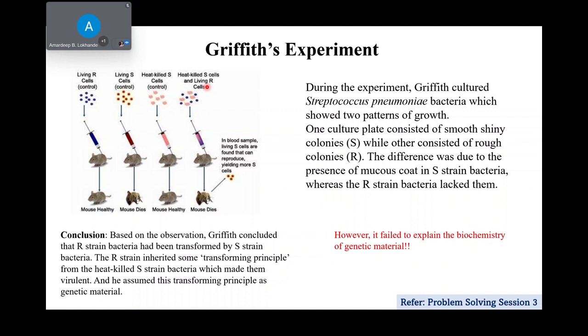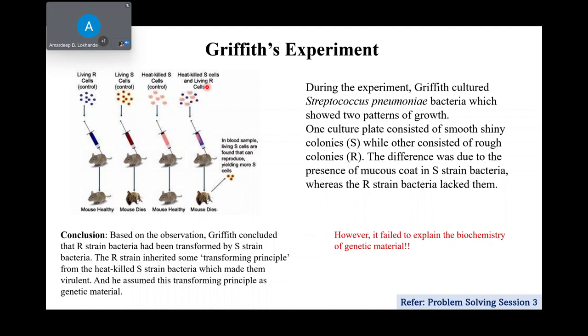The conclusion of the experiment was that the R strain was transformed by the S strain. The R strain had this transforming principle from the heat-killed S strain, because of which the R strain became virulent, and that transforming principle, whatever it was, passed from the heat-killed S to the R, is the genetic material.